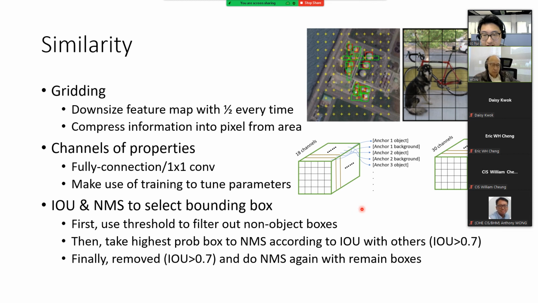So it uses channels to carry the information of the bounding box. IOU and non-maximum suppression are quite common in object detection models because they can choose the best box from many, so of course these two models make use of them.